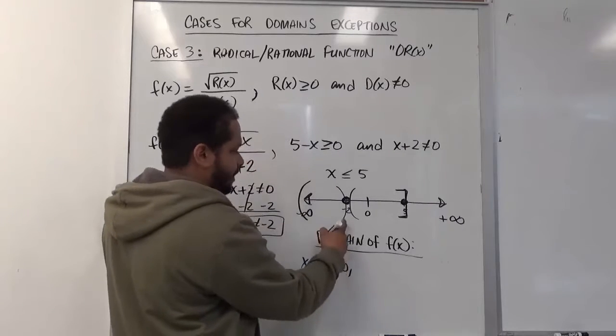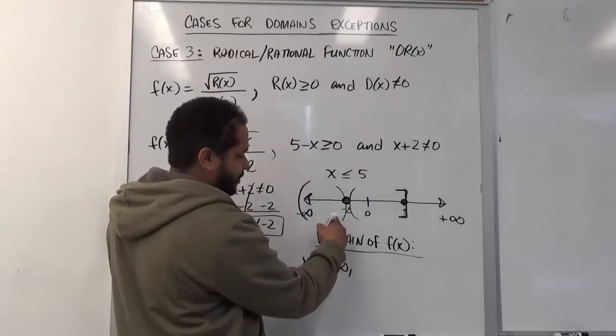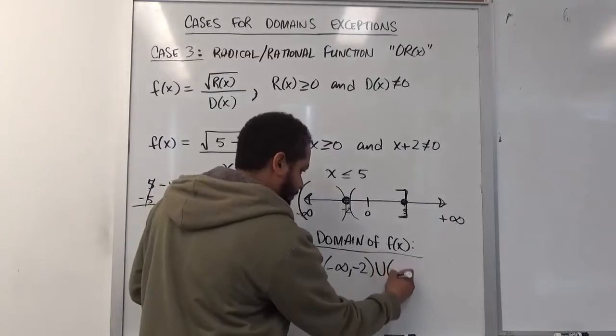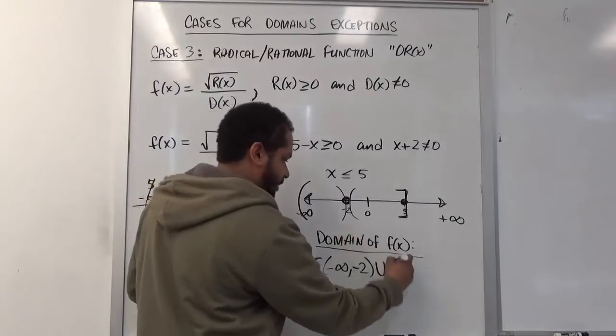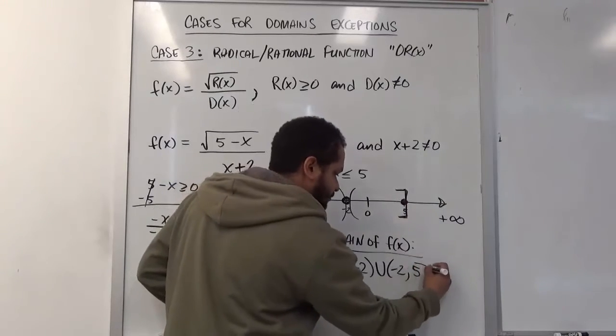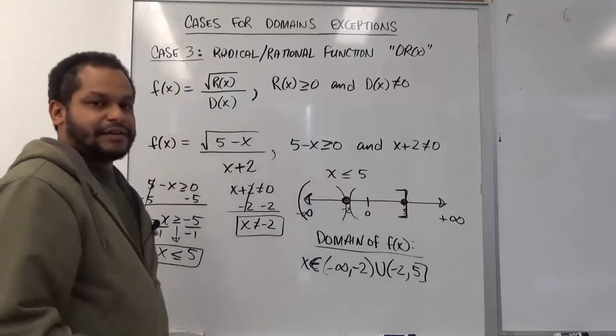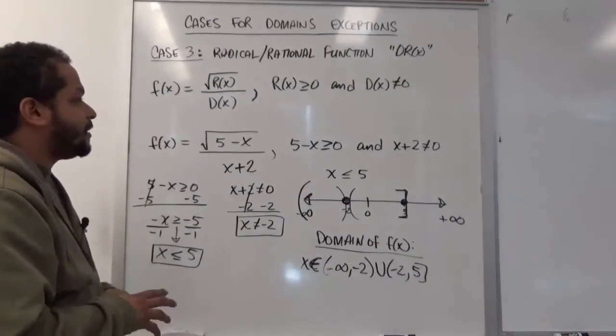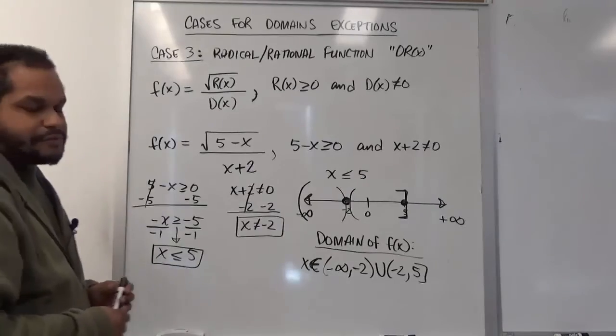We put the comma, and we're going to add the negative 2 in a parenthesis on this side and this side. And we're going to unite this with the other side of this. So it goes from negative 2 to positive 5 with a closed bracket. And that's the domain of the radical rational function, part 2 of it, right? So that's kind of case 3 and 4 combined together.